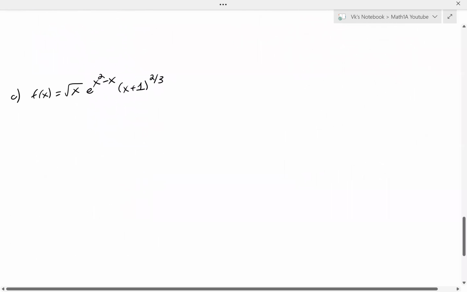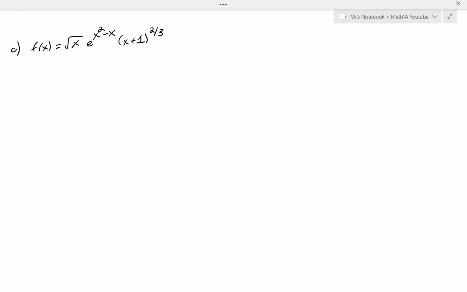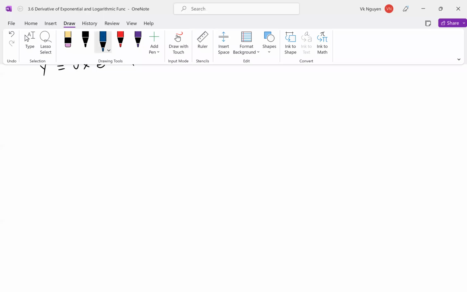One more example. C. f(x) equals the product of root x, e to the x squared minus x, and (x plus 1) to the power 2/3. Similarly, it is best not to do the derivative directly using the product rule. So we're going to let y equal root x times e to the x squared minus x times (x plus 1) to the power 2/3, and we take ln on both sides.